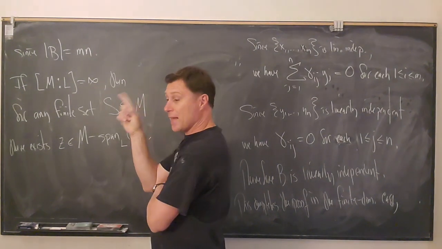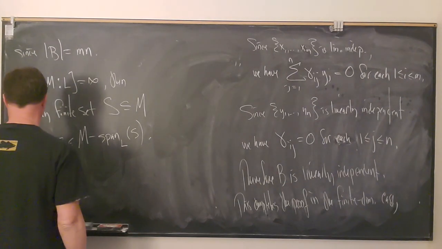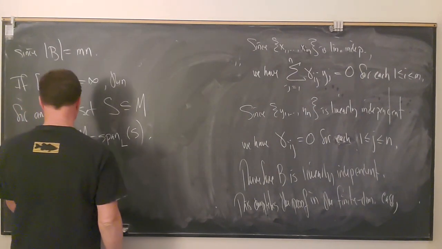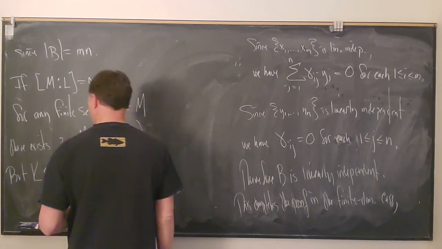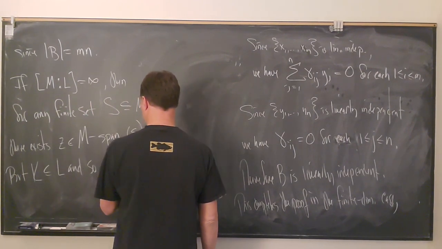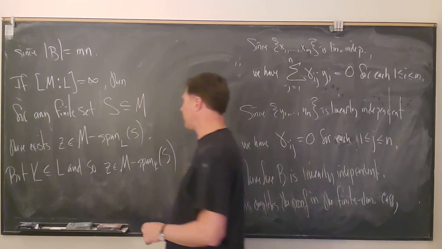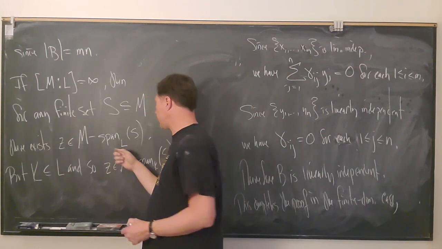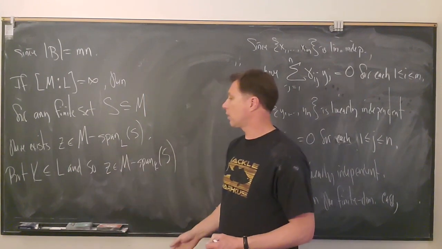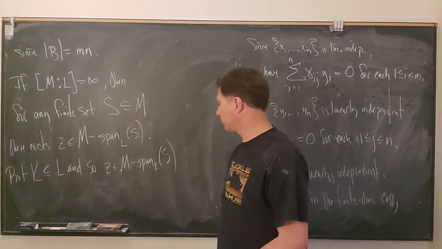But K lives inside L. And so this same z is going to be in M minus the K-span of S. I mean, if you can't get z using coefficients in L, the bigger field, then you certainly can't find z using coefficients from the smaller field.